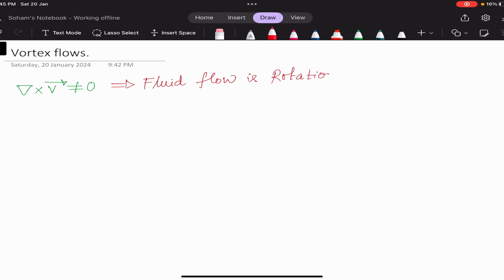Okay, and if the curl of V is equal to 0, that means the fluid flow is irrotational.